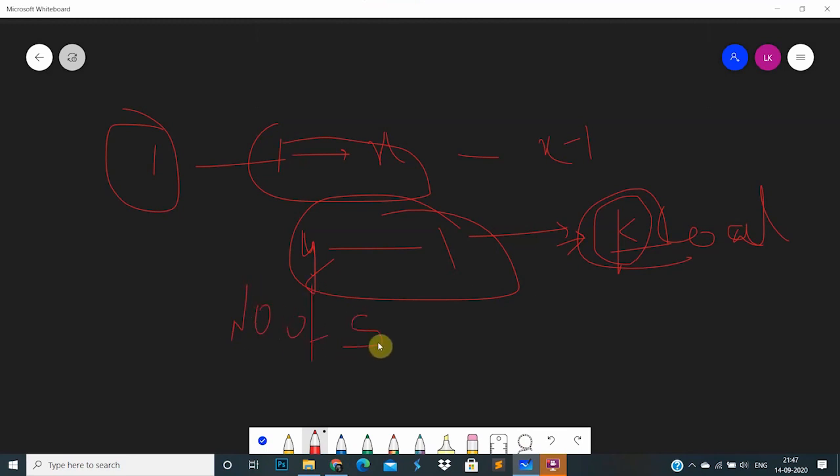Number of sticks, let's say x, is equal to, for coal we need k coal, and for one coal it is y sticks. So this is the sticks for coal, plus sticks, how many do we need? We need k sticks, divided by x minus 1.